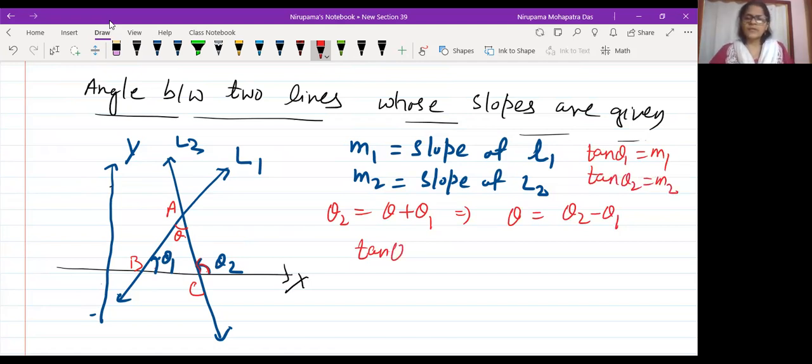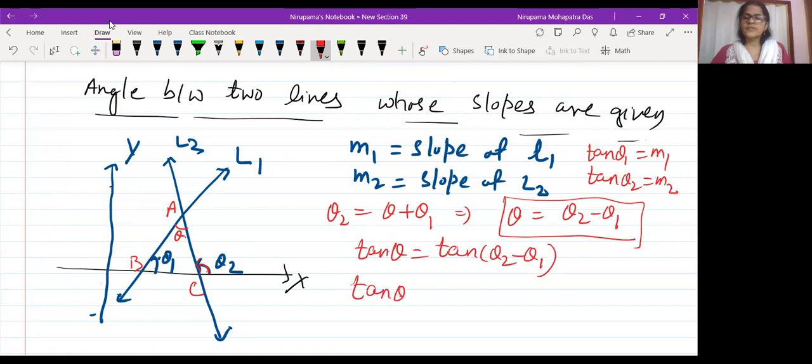Now from here we are getting theta as theta 2 minus theta 1. So tan of theta 2 minus theta 1. Here tan theta is not a slope. Here tan theta is for the angle between two given lines. Theta is the angle between L1 and L2. It is not an inclination. So we are not considering tan theta as slope.